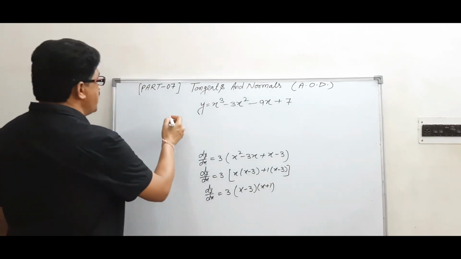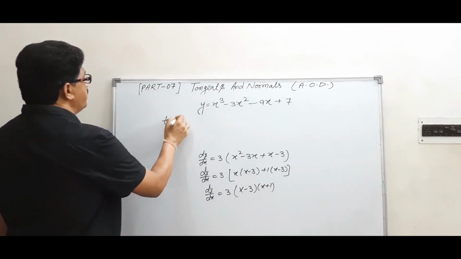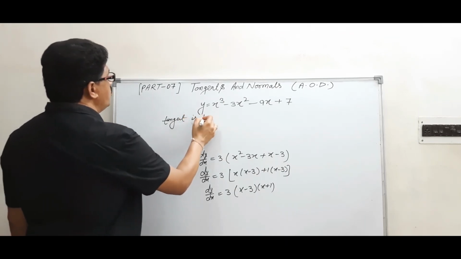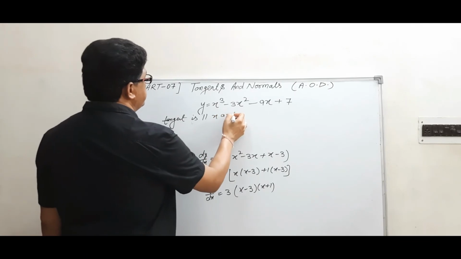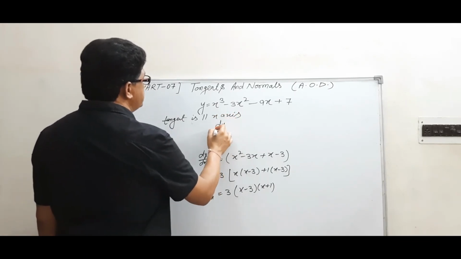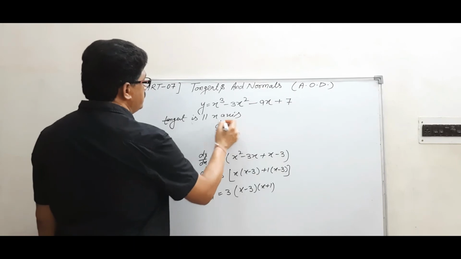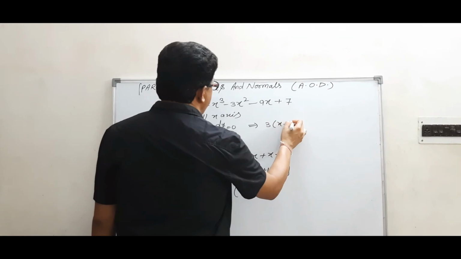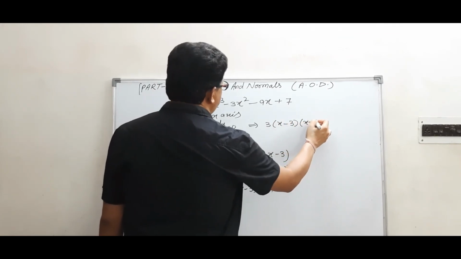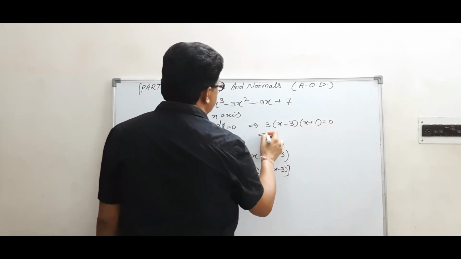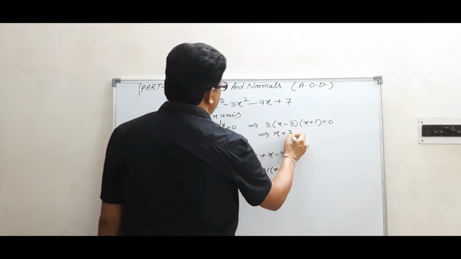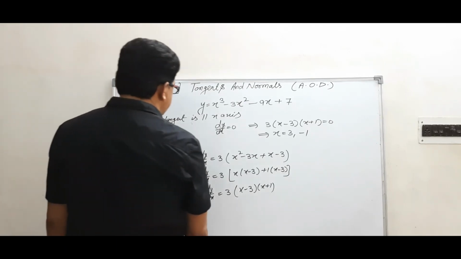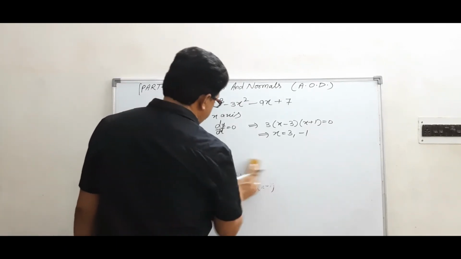Here the tangent is parallel to the x-axis, so dy by dx is equal to 0. This implies 3 into x minus 3 into x plus 1 is equal to 0. So x is 3 and minus 1.